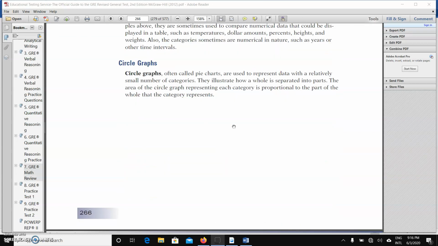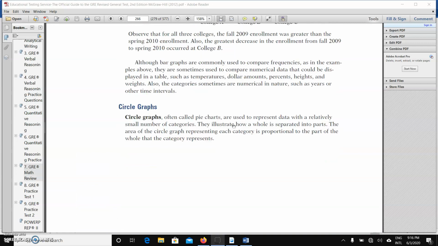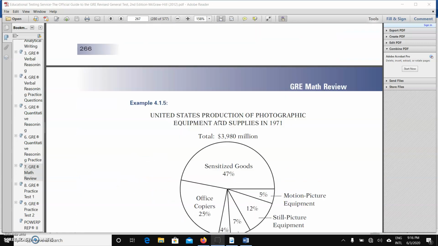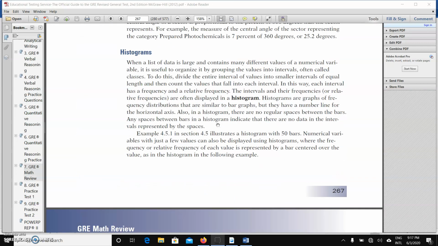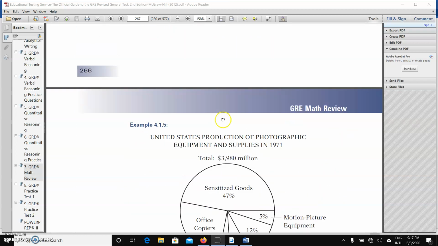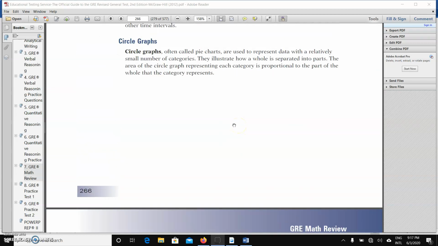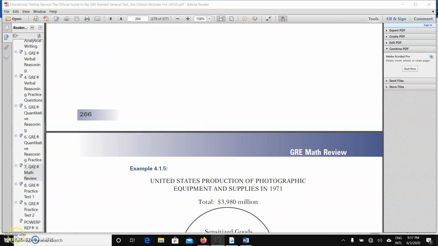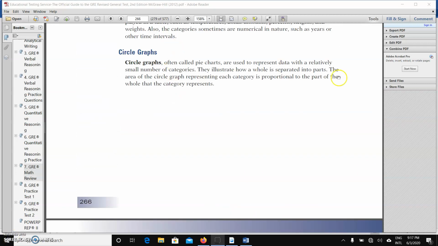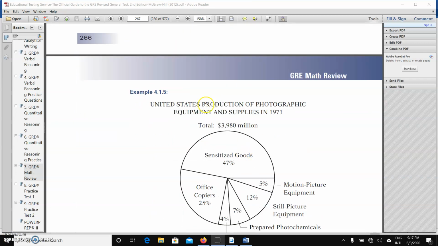Let me quickly talk about the circle graph. A circle graph is just a circle which is divided into different parts. Now look at this.